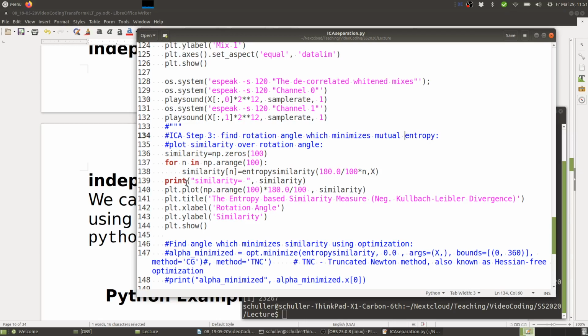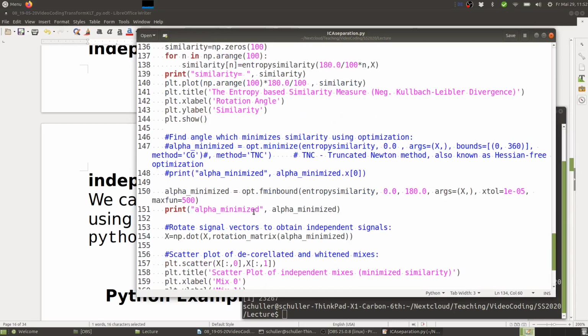So here you can then see it in this plot, and you can actually see where the similarity becomes minimum. And then I do the actual optimization, the numerical optimization. So here we could actually pick the angle which minimizes the similarity by just visual inspection. But usually you don't want to do it, so usually you want to do the numerical optimization, and this finds this angle automatically.